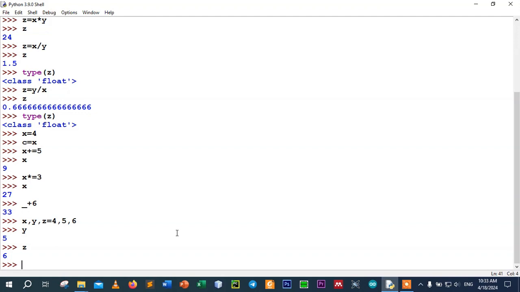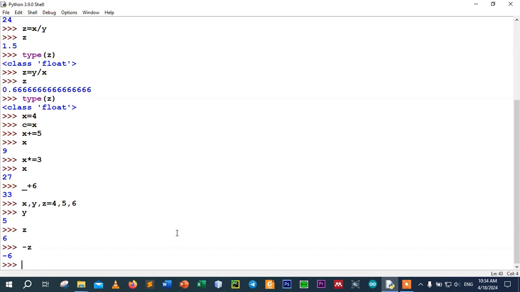The other one is the unary operator. We can manipulate values using only a single operand. For example, minus z: the value of z is 6, so when we put minus here, it will be minus 6.